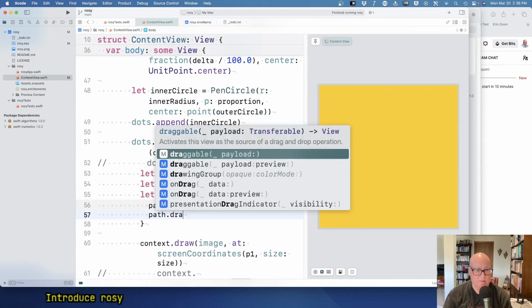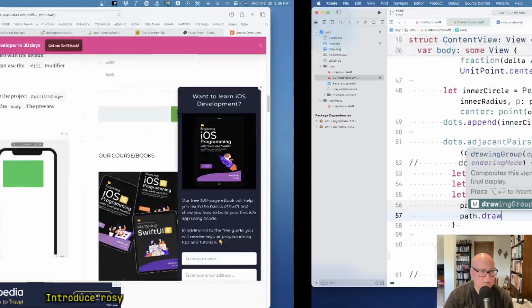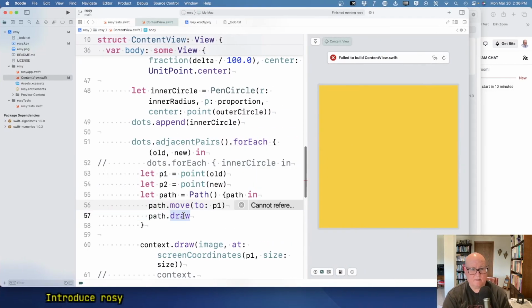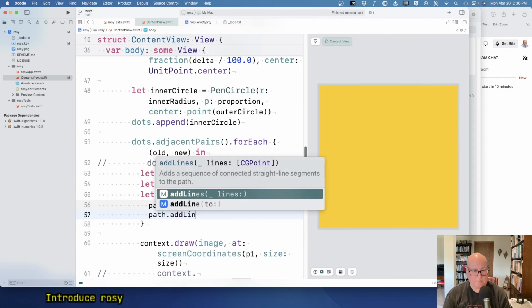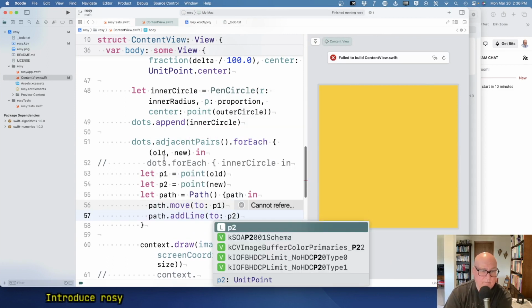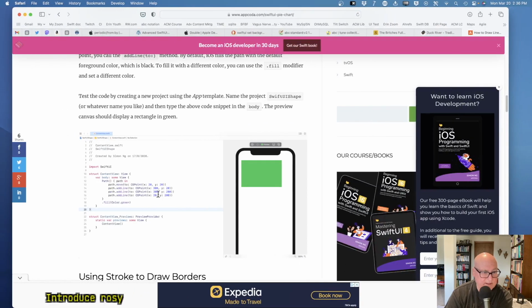That draw, no, stroke, add line. I don't think it's gonna like my UI unit points there.